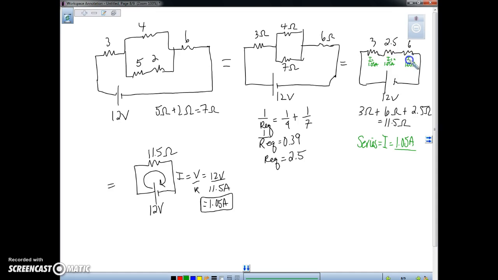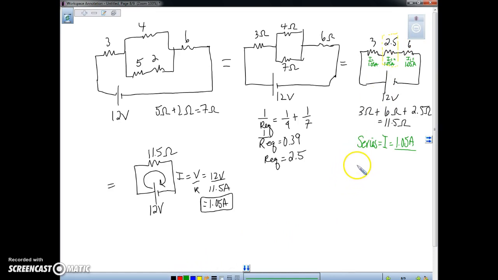Now I need this because I have to go back to this. I need to figure out the winning one. I'll put it in yellow because I don't want to be too distracting. I need to figure out this guy right here, because that one has the 5. This and this is not relevant to the problem, although we technically could find everything. So I'm just going to focus on this middle resistor because I want to branch it back out to the 5. I have current, I have resistance, so I can solve for voltage.